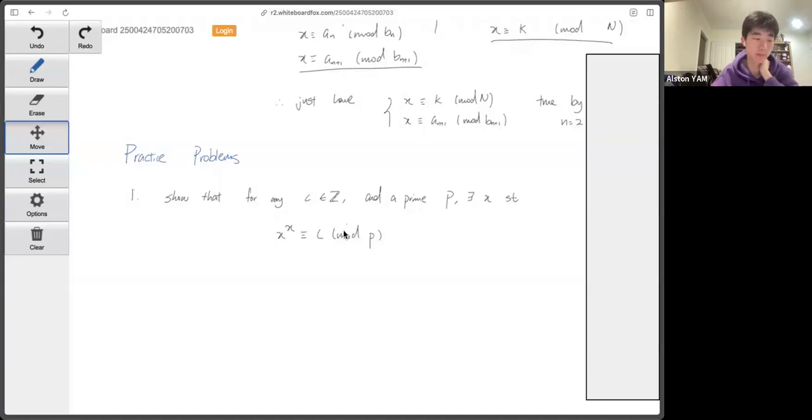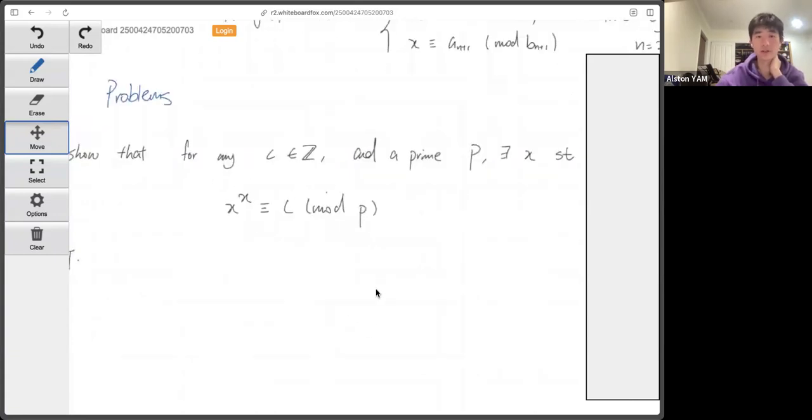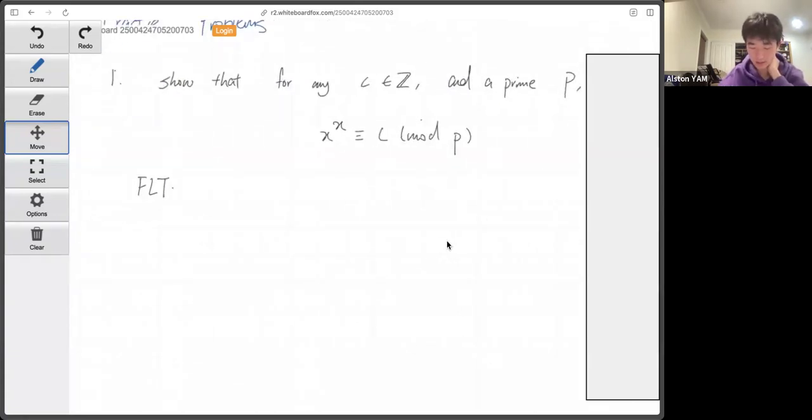So if we have a prime modulus, then a result that we should probably use is called Fermat's little theorem. Well, I'll just write FLT. And that tells us that x to the p minus 1 will be congruent to 1 on the mod p.